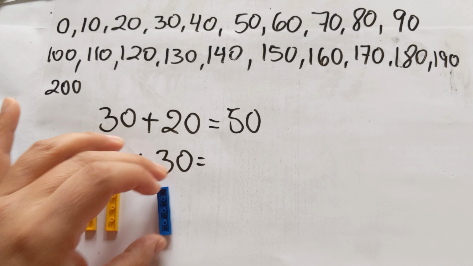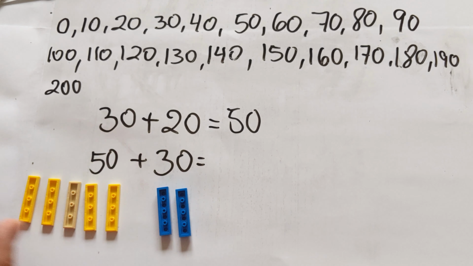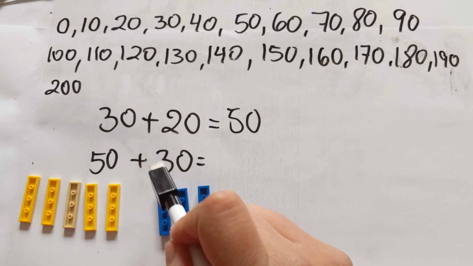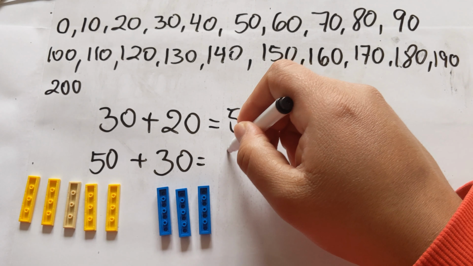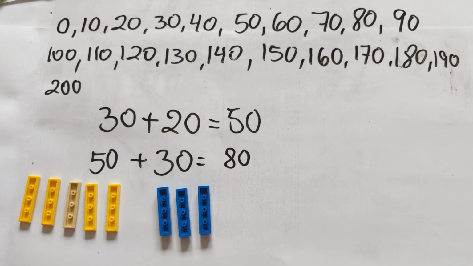Plus 30. 10, 20, 30. Now I'm going to add them together because that's what plus means. 10, 20, 30, 40, 50, 60, 70, 80. And this is 80. That is the answer. So I guess the question is, what happens when you add and it's much, much higher?